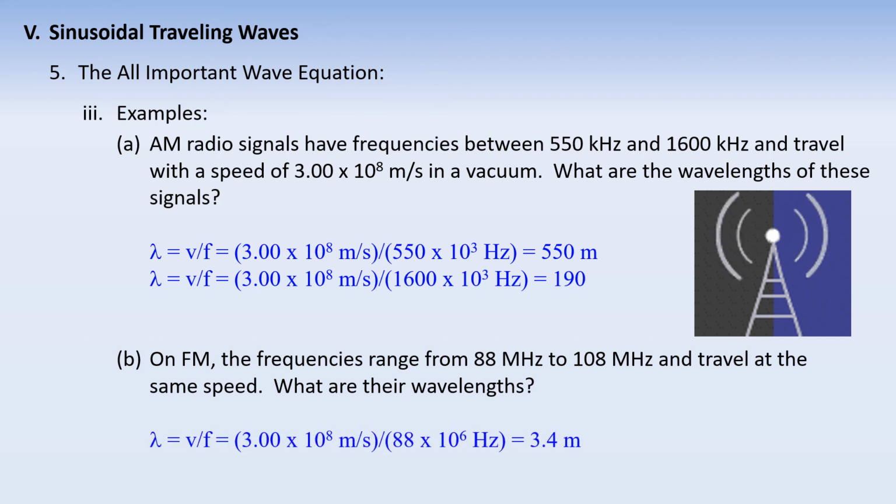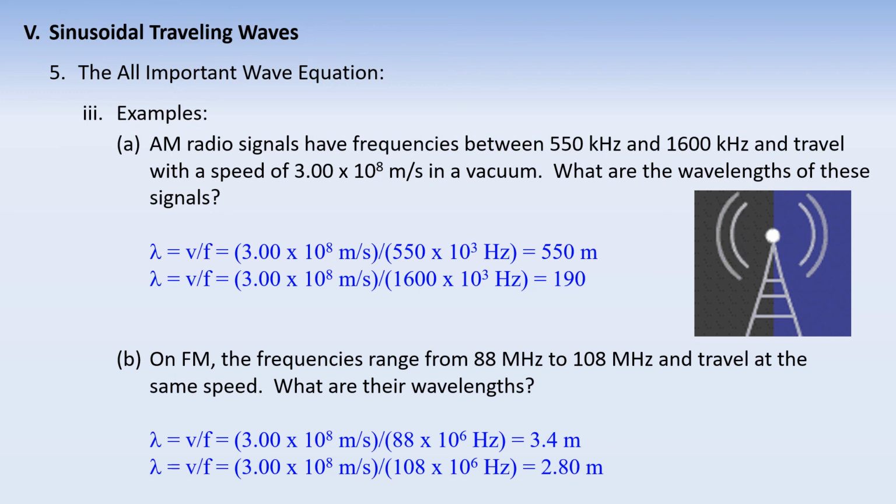Going through the same calculation, using our wave equation to figure out the wavelengths, we find that the 88 megahertz FM signal corresponds to a wavelength of 3.4 meters, and the 108 megahertz signal corresponds to an FM wavelength of 2.8 meters.